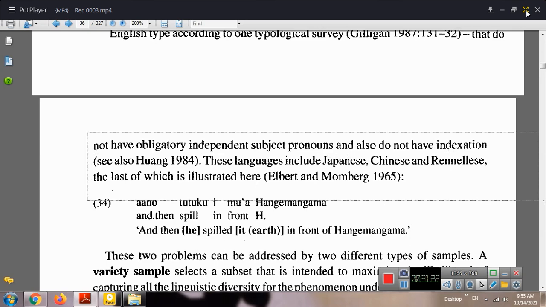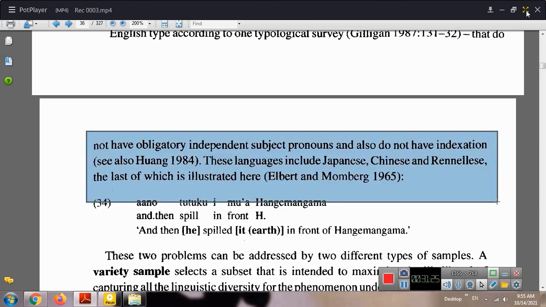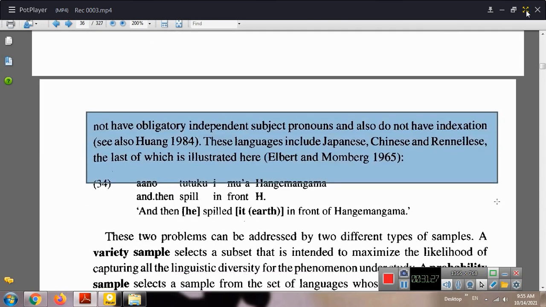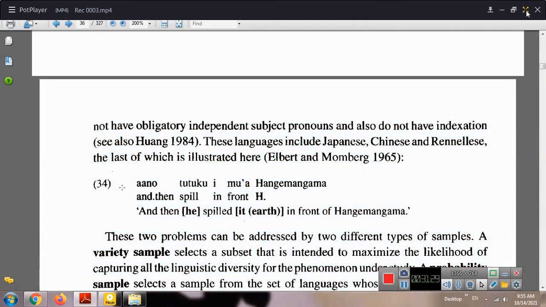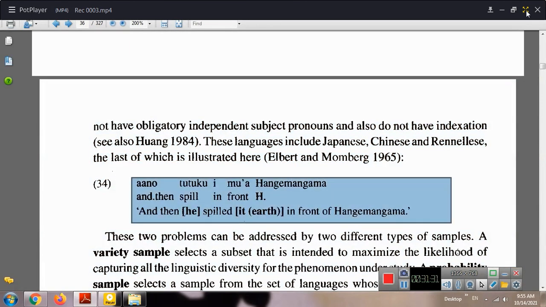They don't have obligatory independent subjects and they don't have any indexation. Here you can see the example. Here the independent subject pronoun and its indexation are omitted.